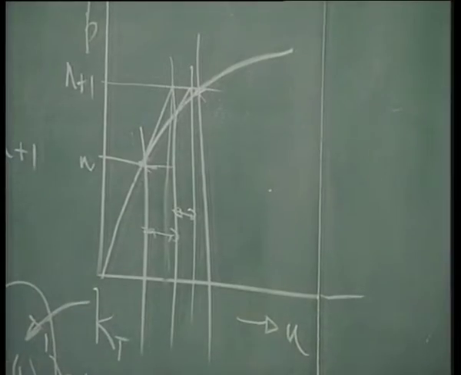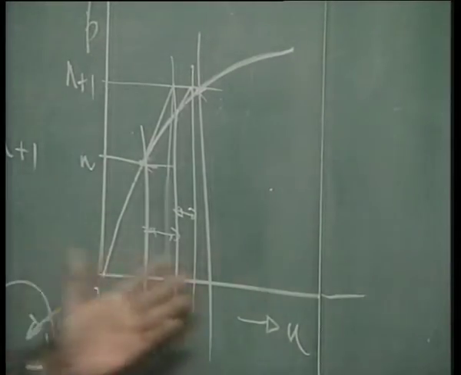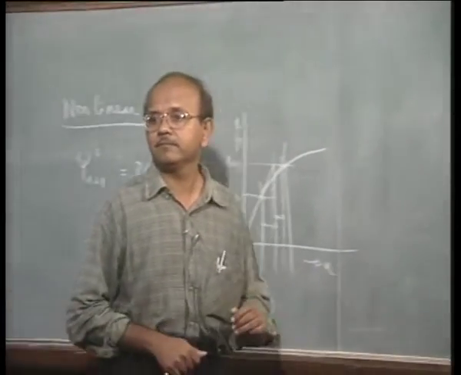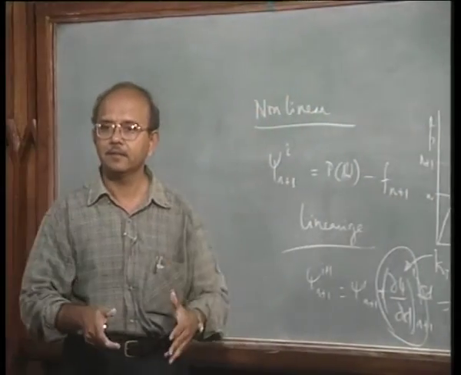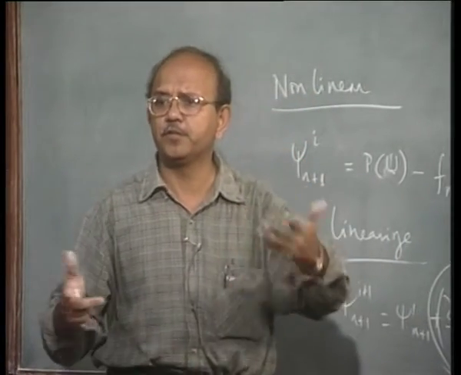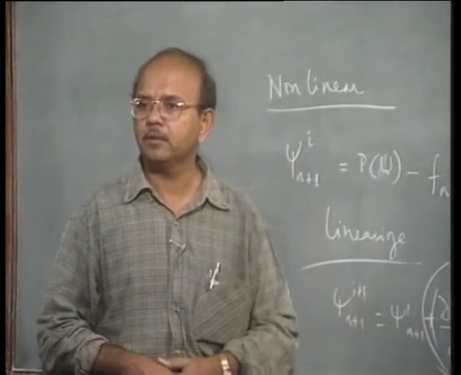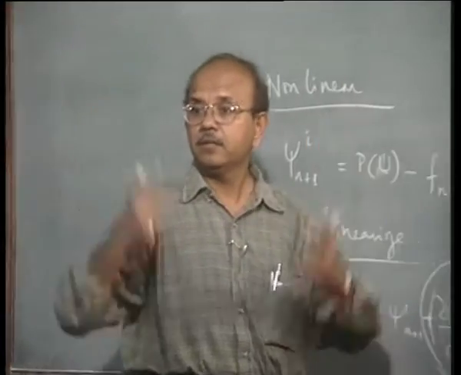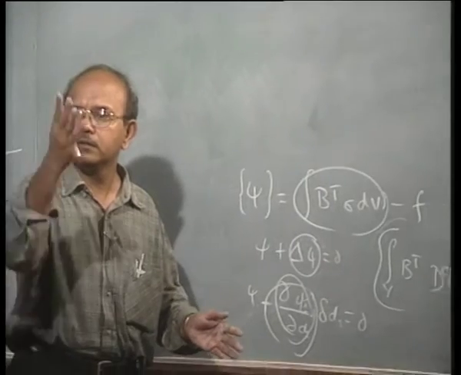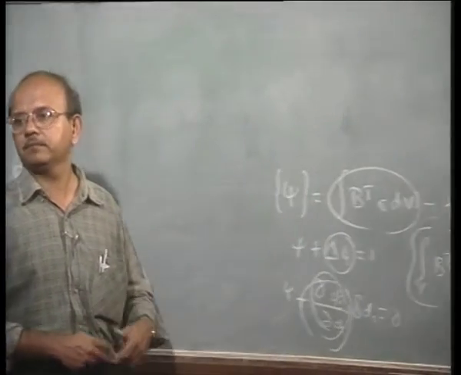But in this case, the error term is not one value, because it's a vector. For one element, there may be 8 terms if it's a 4-noded plane element. But if you look at the complete problem, then that's equal to the degrees of freedom for the problem.